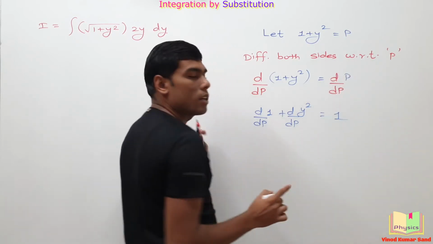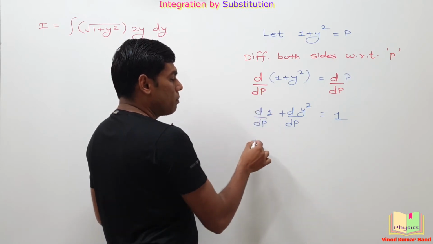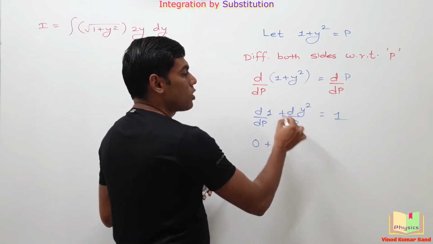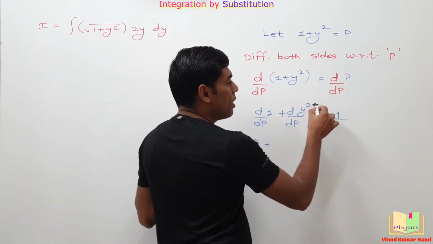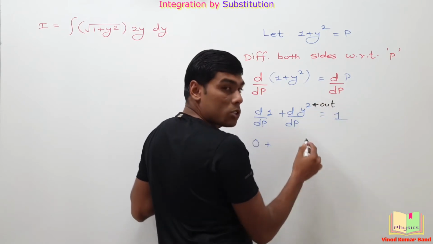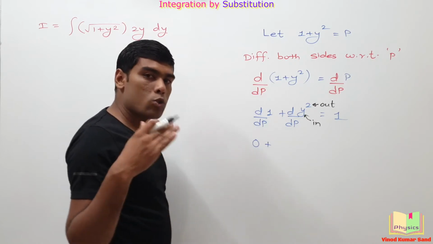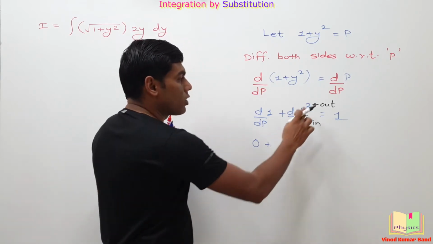You know the answer. It will become 1. Differentiation of 1 will become 0, as 1 is a constant quantity, and this differentiation will be solved using the outside inside rule. The power here is the outside function and this y is the inside function. So first of all, we'll differentiate the power and then we'll differentiate the inside function.